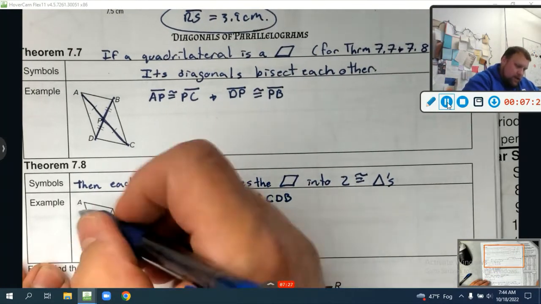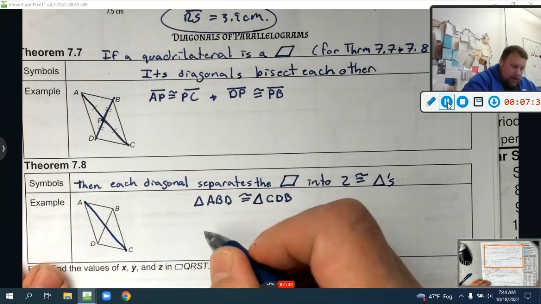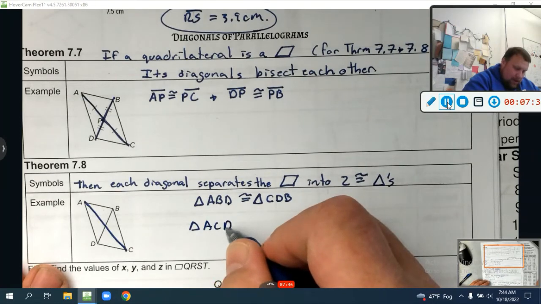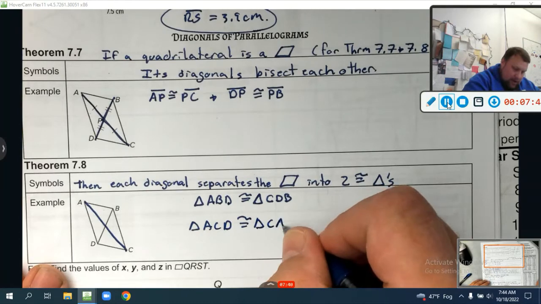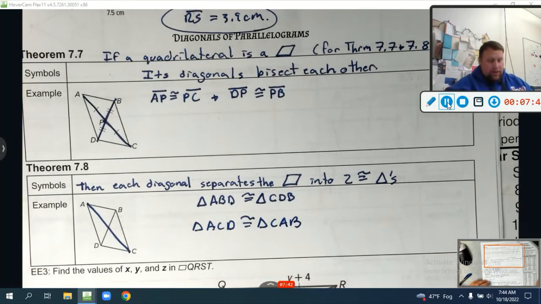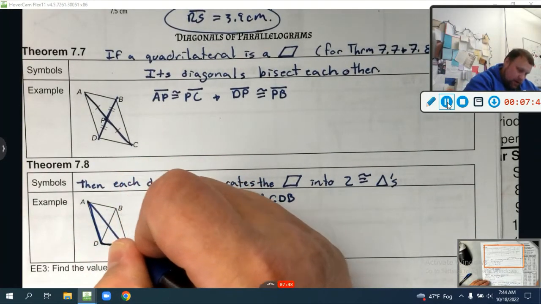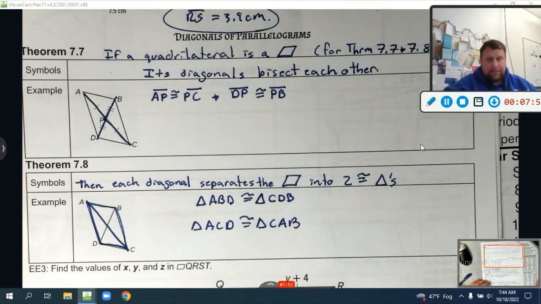If I had instead drawn this diagonal right here, same thing would apply. I could say triangle ACD is congruent to triangle CAB. See how it creates another set of two congruent triangles? So just keep that in mind. So it doesn't matter which diagonal you use.